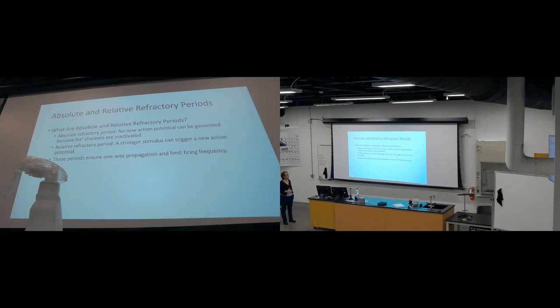So in this case, you have a period of time where you absolutely cannot produce an action potential, so this will be the absolute refractory period, or you can have one where you can still produce an action potential if the stimulus is strong enough. That is why it's relative.